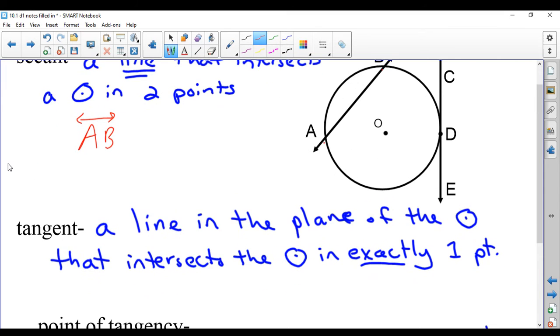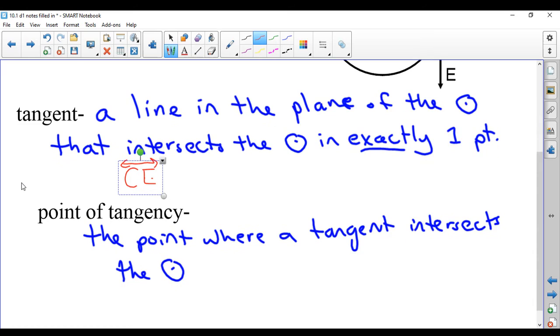A tangent is a line in the plane of the circle, so it cannot be coming out of the plane, that intersects the circle in exactly 1 point. So if we look at this line here, CE or CD, however I name it, it intersects the circle at only point D. That line is a tangent line. We call it CE. Every tangent has a point of tangency.